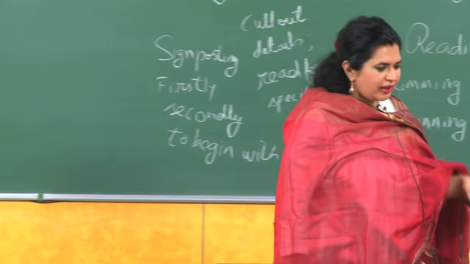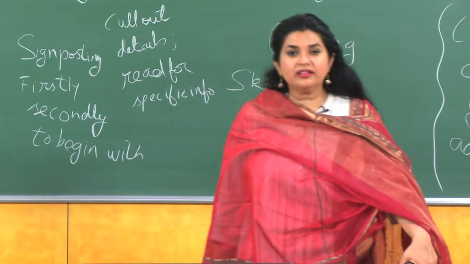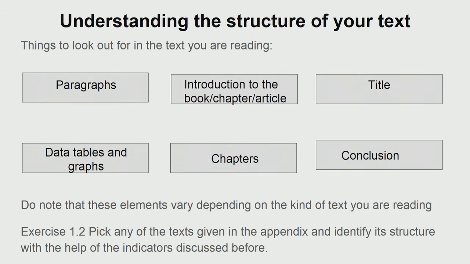Now, before I show you some actual passages, please look at the slide here. And this is all about understanding the structure of your text. Things to look out for in the text you are reading. So first is paragraphs, as I told you just now. But before that you have the introduction to the book or chapter or article, and before that you have the title.